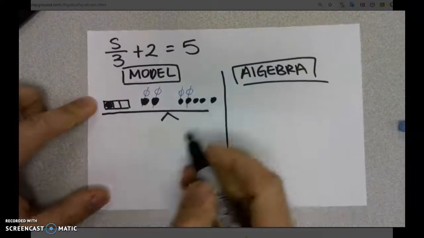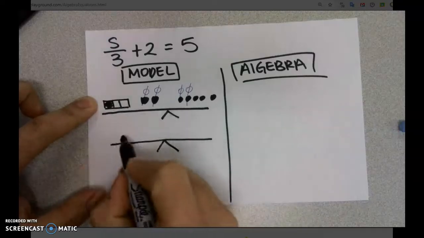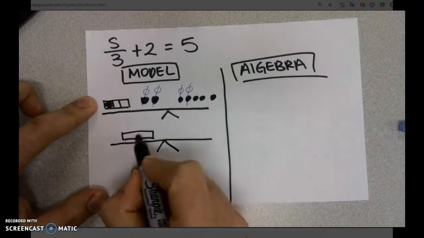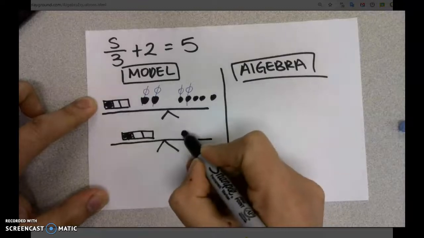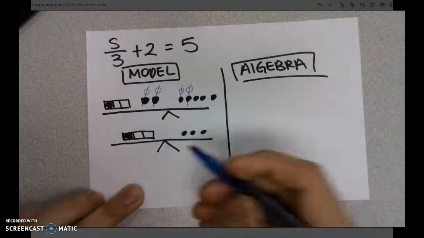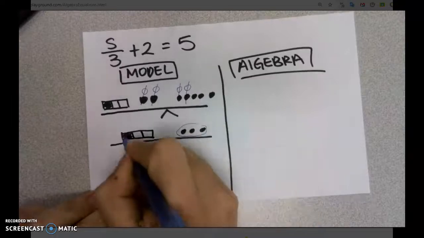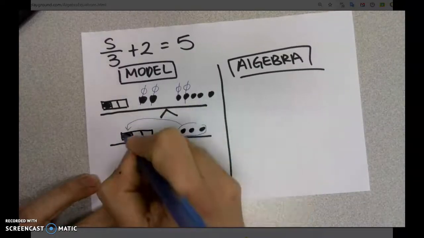So let's just make another balance beam. This one still stays. 1, 2, 3. Now, you can definitely see that each part contains 3 of them, right? 3 dots in each of them.